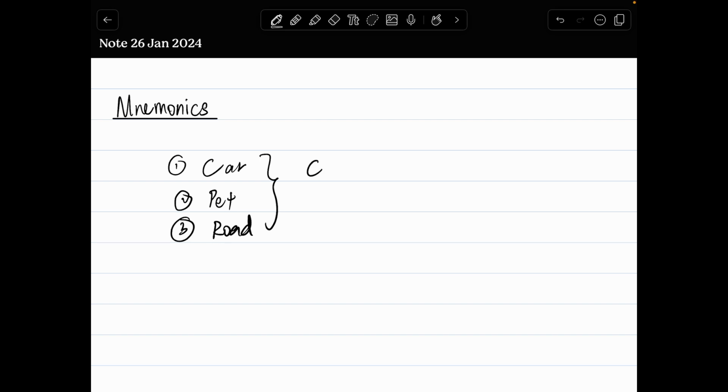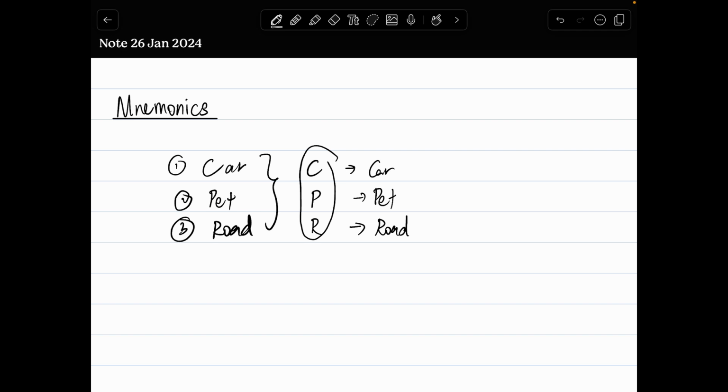So we will have C here, and P here, and then R here. So here we just have to look at these three letters to actually know what the word actually represents. So we will have car for the first one, second one will be pet, the third one will be road.